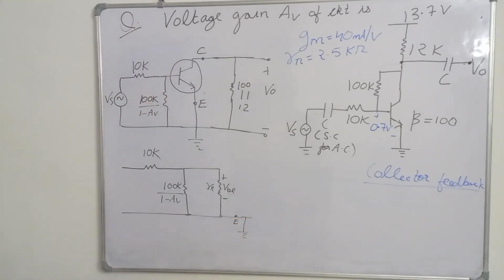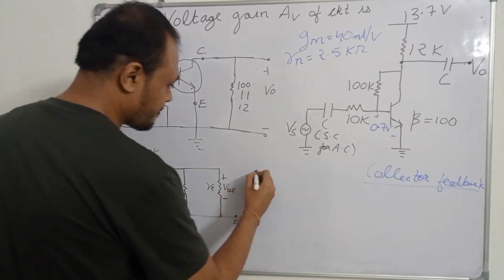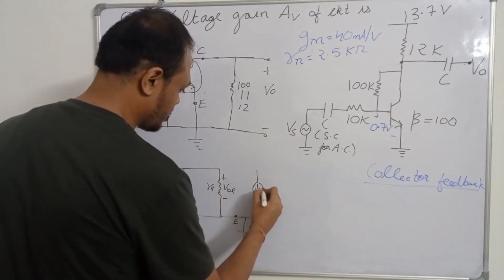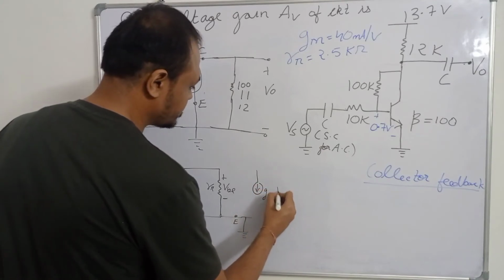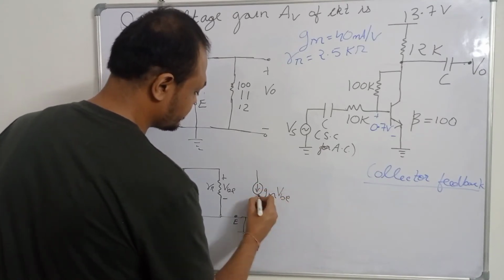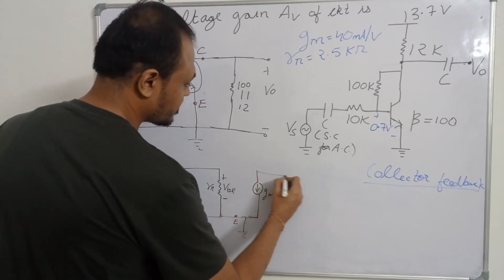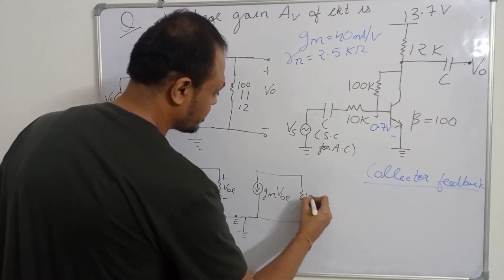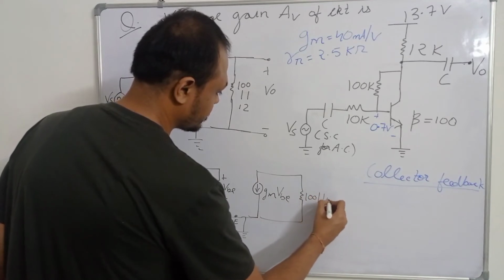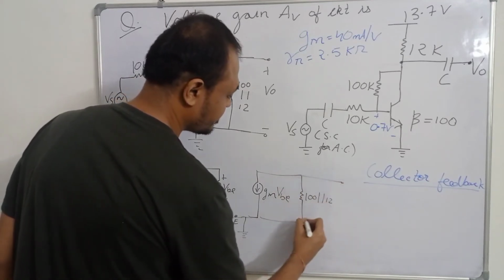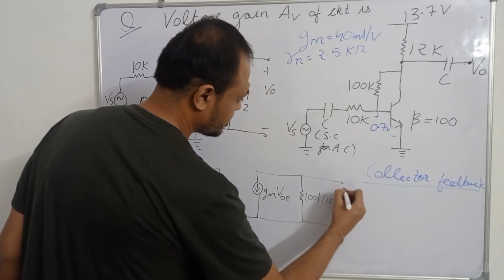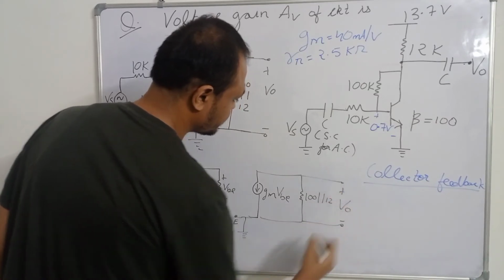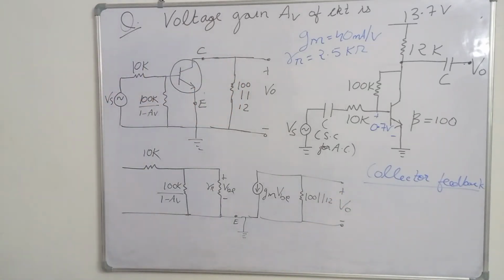So this is the input loop, and this is your GMVBE, and this is 100k parallel with 12k, and this is V naught.